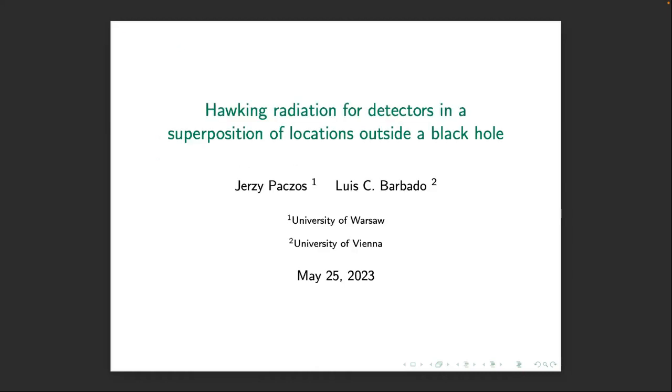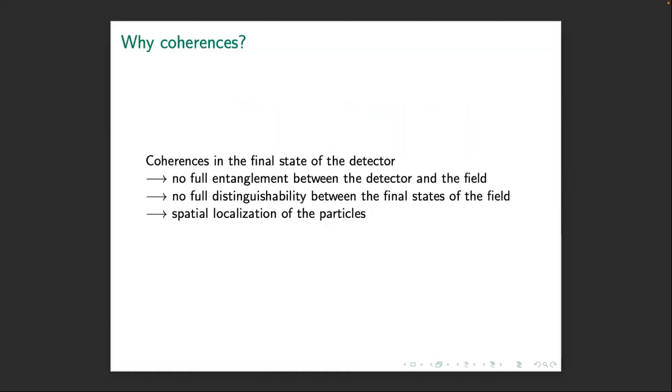Okay, but why do we care about the coherences in the final state of the detector? Well, the coherence in the final state of the detector means that the detector did not get fully entangled with the field throughout the interaction.